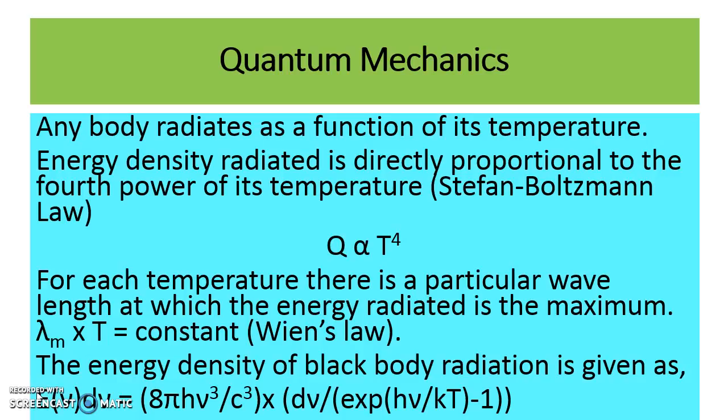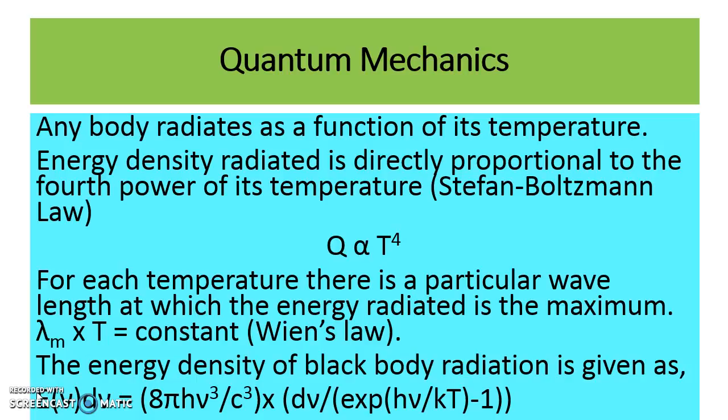The energy density radiated is directly proportional to the fourth power of its temperature, which is known as the Stefan-Boltzmann law. Q is directly proportional to the fourth power of temperature. And for each temperature of the body that is radiating, there is a particular wavelength at which the energy radiated is the maximum. Initially, we saw that the energy radiated fits into a bell-shaped curve or a Gaussian curve.